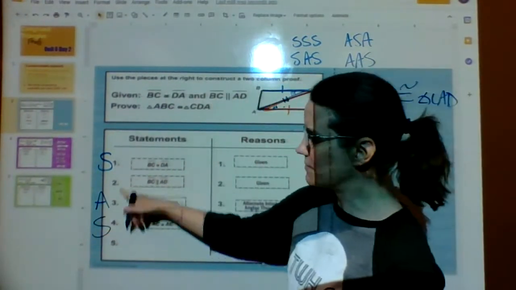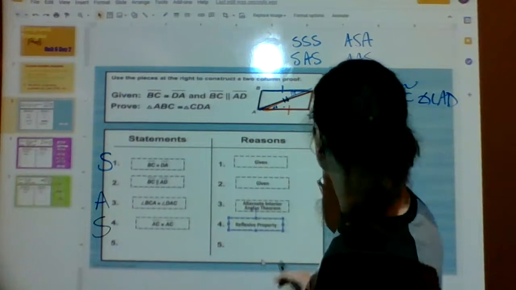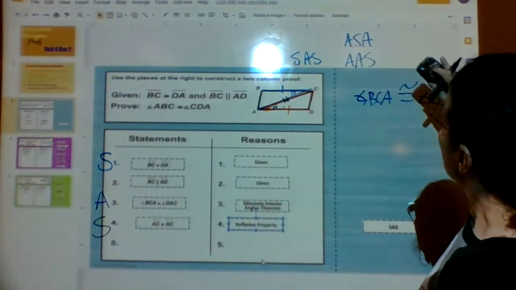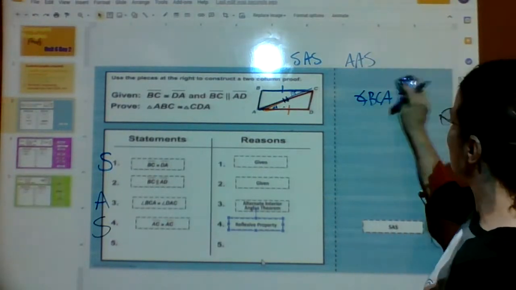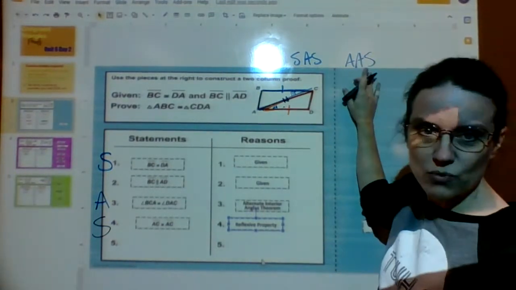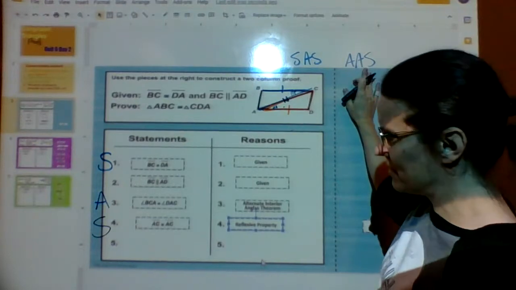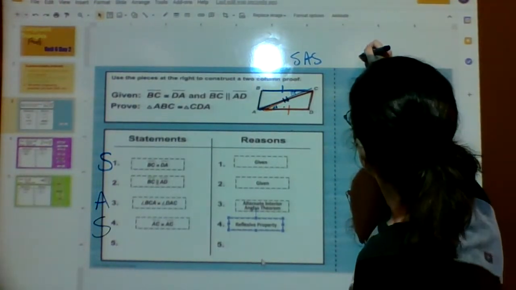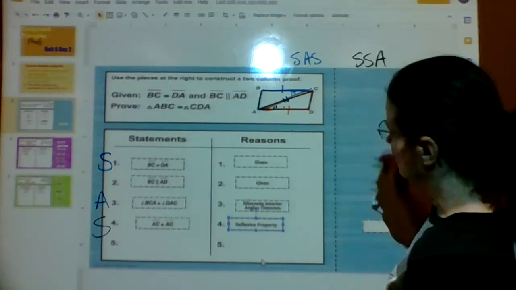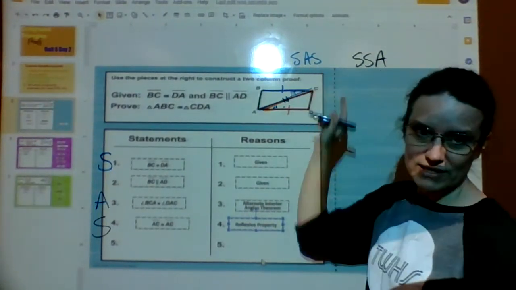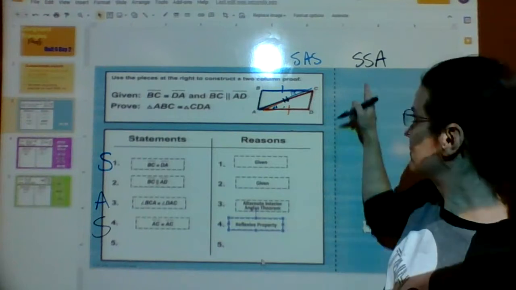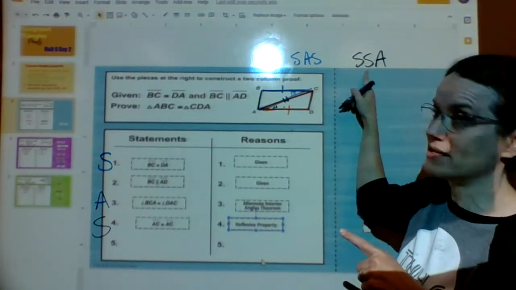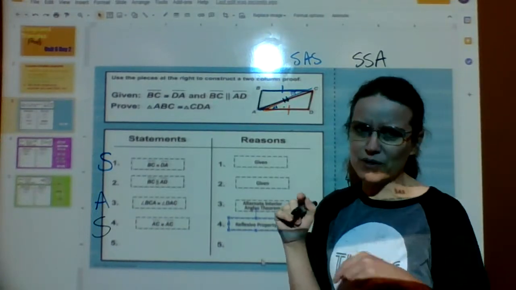So now I have something that has two sides and an angle. So I definitely am not using side, side, side. And I'm definitely not using angle, side, angle. So what I have to figure out is which one of these things, wait, that's got two angles. So I had a side and an angle and a side, okay? Well, first of all, I'm not allowed to use this one at all. You remember that from last time. If you put that backward by mistake, woo, you're going to be in trouble.